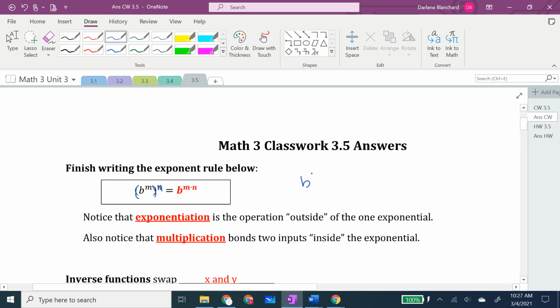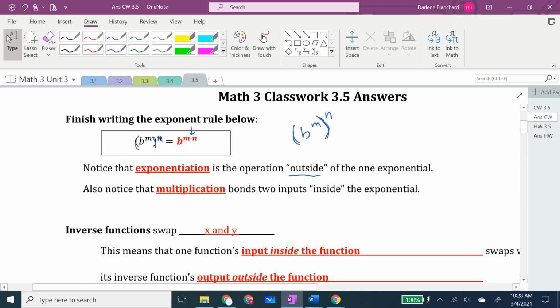So you have this exponential piece, and that itself is exponentiated, and that is outside of the exponential. Multiplication is bonding the inputs, so that m times n happens before that result is plugged into b to the power.